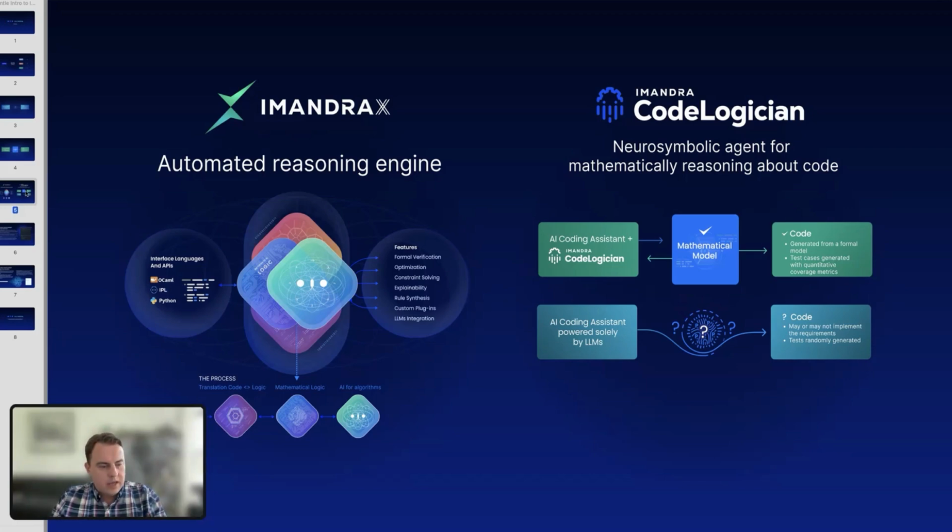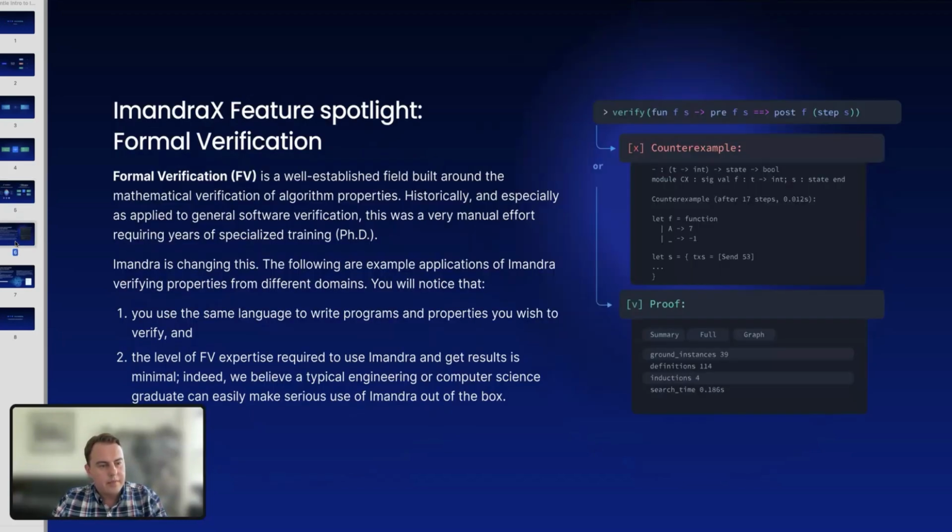Okay, so I'll start by introducing ImandraX. ImandraX has many features, but the two really important ones for our discussion here are, first, being able to formally verify properties of source code.